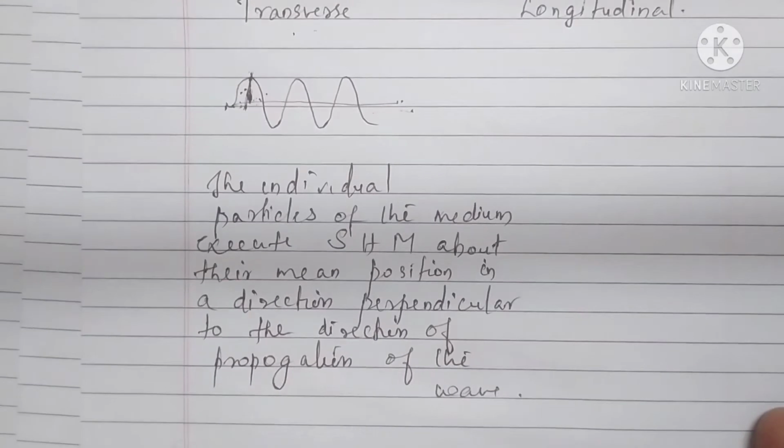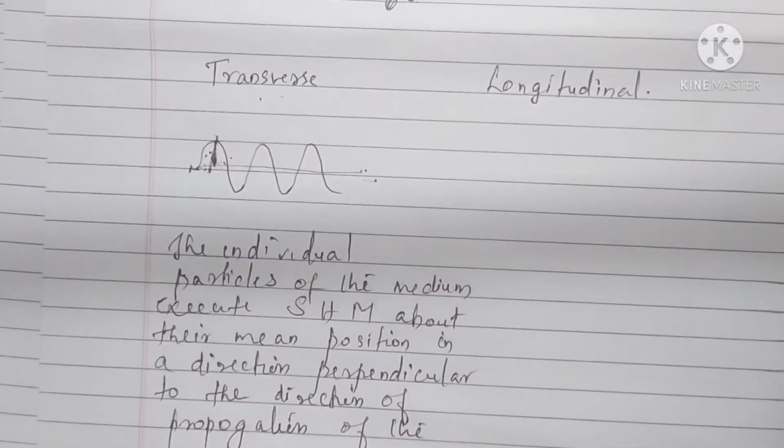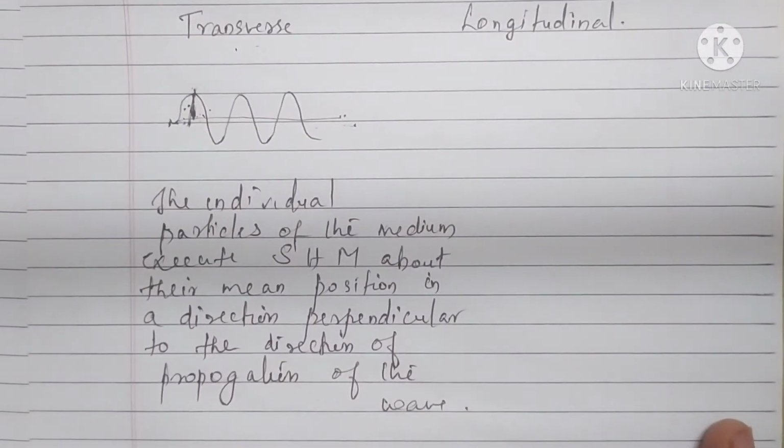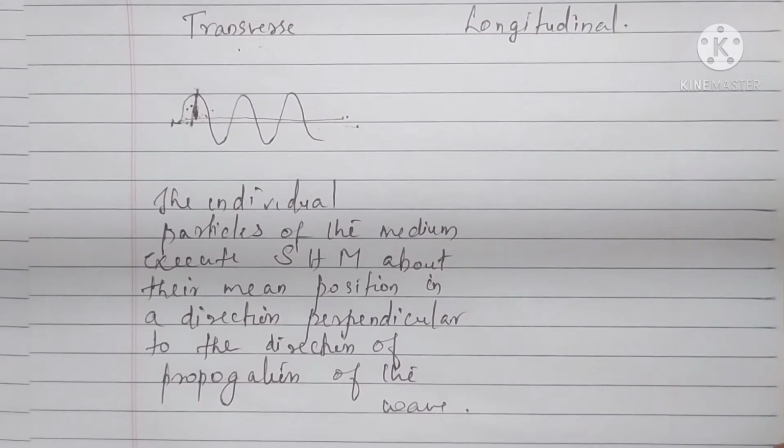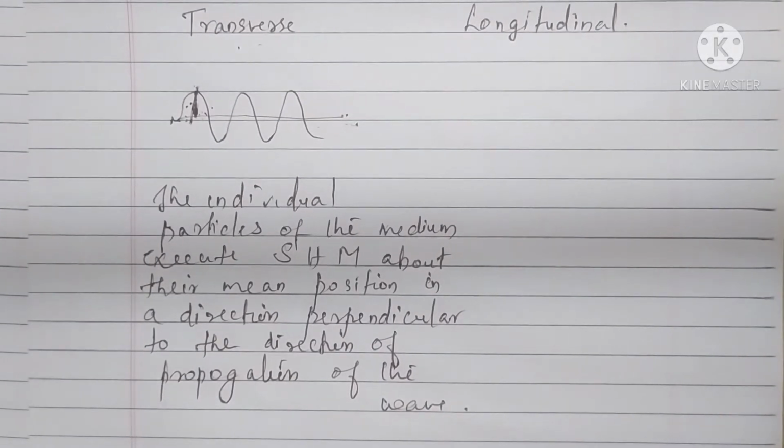Okay, so that is transverse wave, and the examples are waves produced in a string, then ripples on the surface of water, etc. Clear?